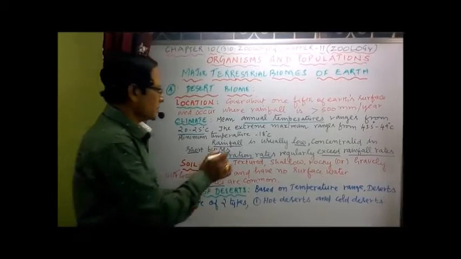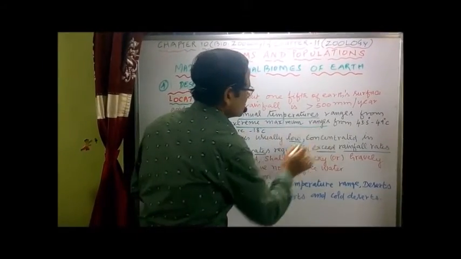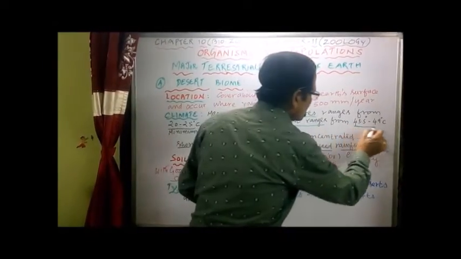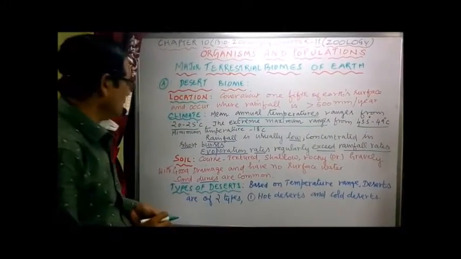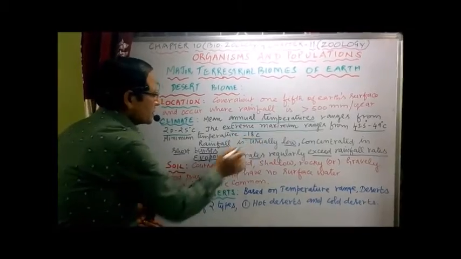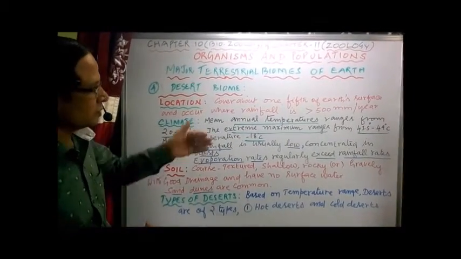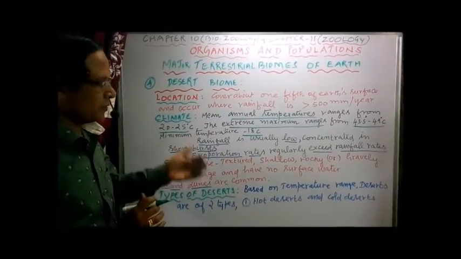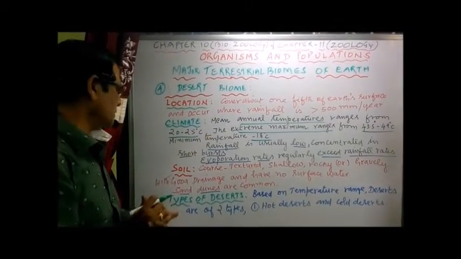But during extreme conditions, the maximum ranges from 43.5 to 49 degrees Celsius, and it also drops to a minimum of minus 18 degrees Celsius. So we have three different types of temperature: average, maximum and low.